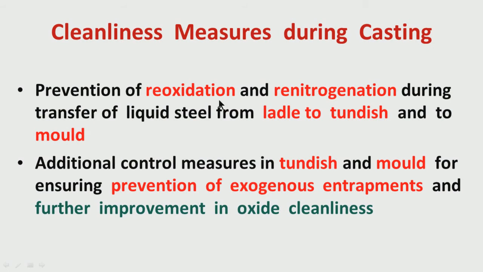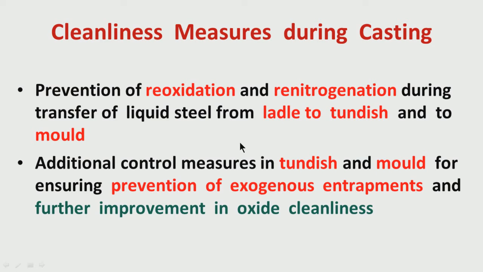First, reoxidation and renitrogenation have to be prevented, because liquid steel is getting transferred from the ladle to the tundish and from tundish to the mold. So, during this process, liquid steel should not be allowed to fall freely. That means it has to be covered, so that there is no reoxidation, no renitrogenation. That is the first requirement.